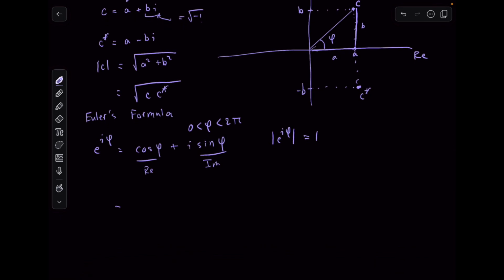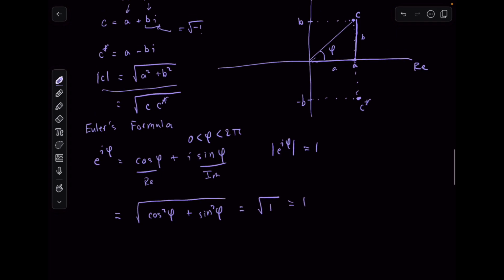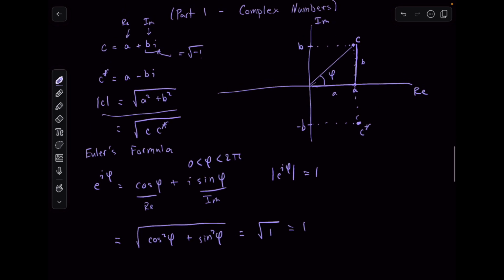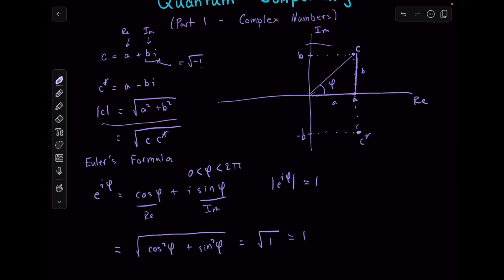We can just use our formula for the length by squaring its real part and then adding it to the square of its imaginary part. The simple trig identity will tell you that this is equal to the square root of 1, which is equal to 1. So all the points from 0 to 2 pi, specified by this angle phi, are going to draw out a unit circle in the complex plane.